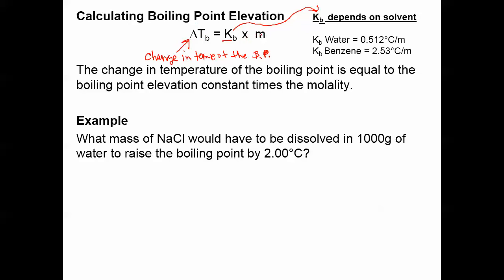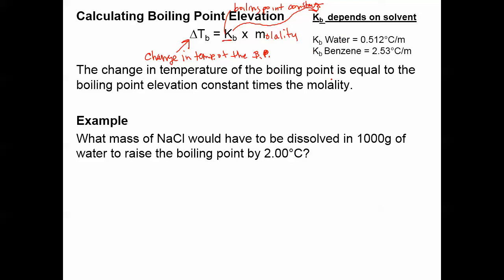So the concentration times the solvent's constant, or boiling point constant, is what this would be called. So we call this a boiling point constant. And again, this right here is molality. That's molality.